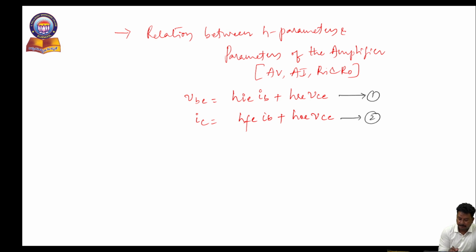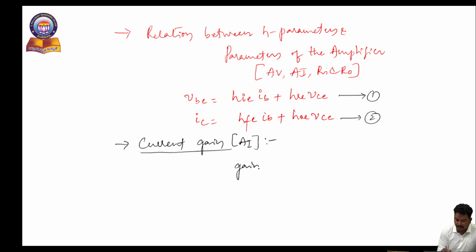So initially, I am concentrating on current gain. Current gain is defined as AI. As we know, the general definition of any gain is output by input.